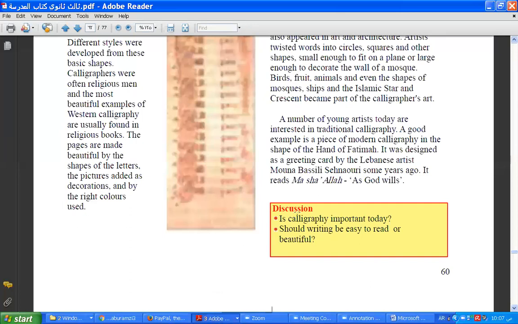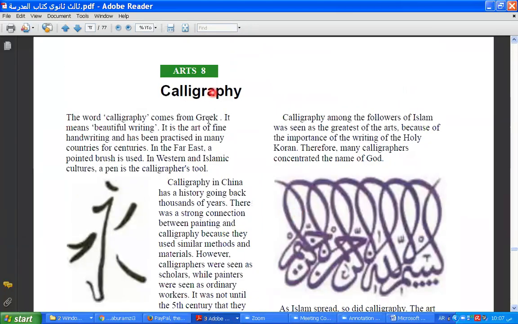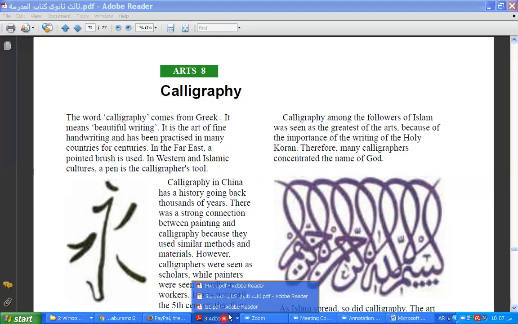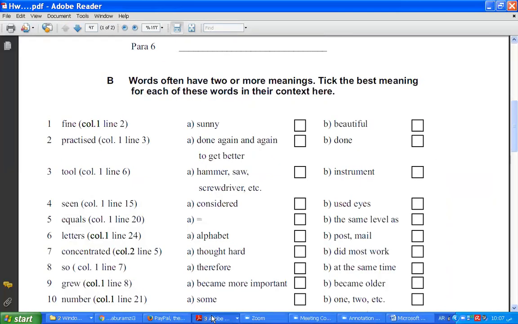It means art of fine handwriting. Fine hand, and the context is what determines it. Fine means beautiful here. So this is the answer. We choose beautiful here.